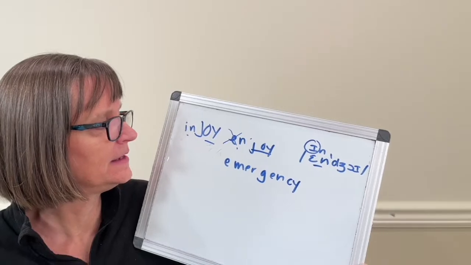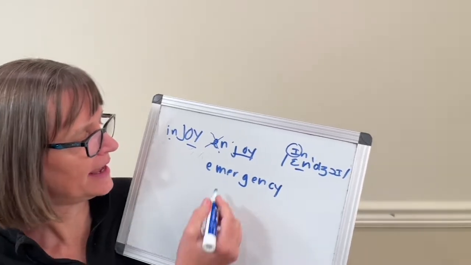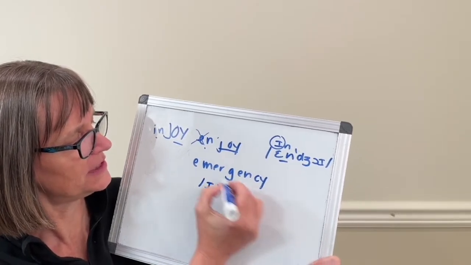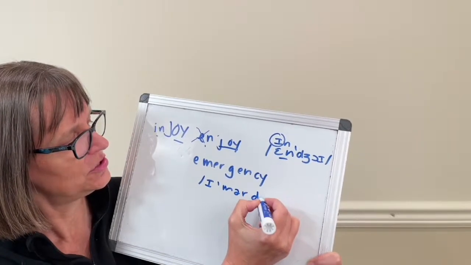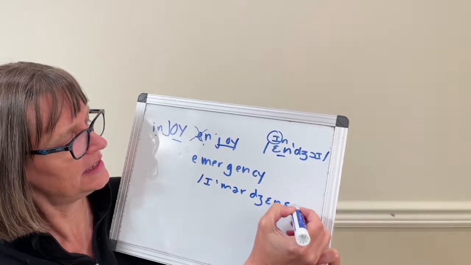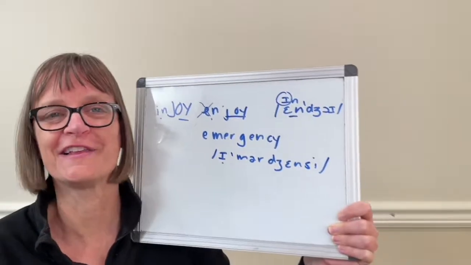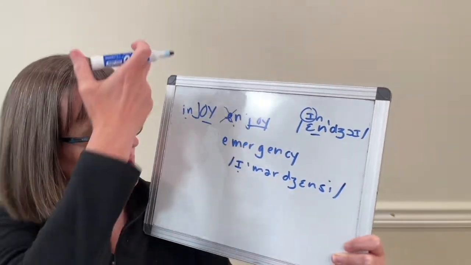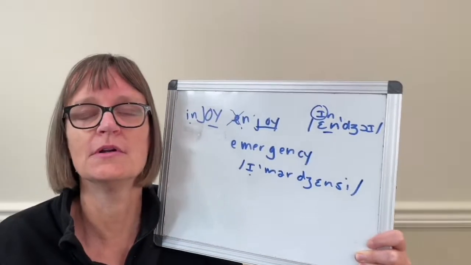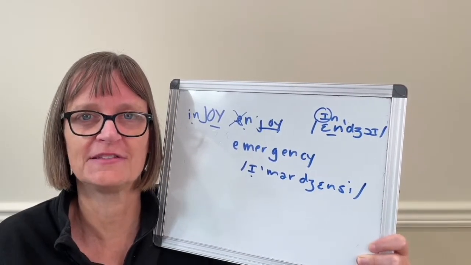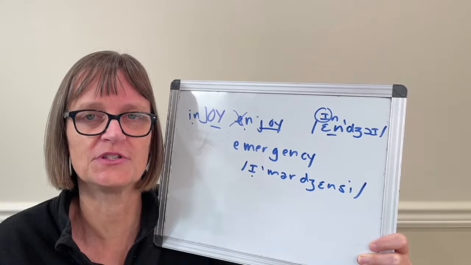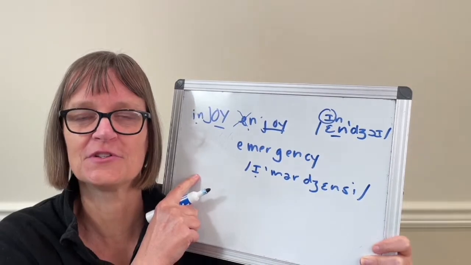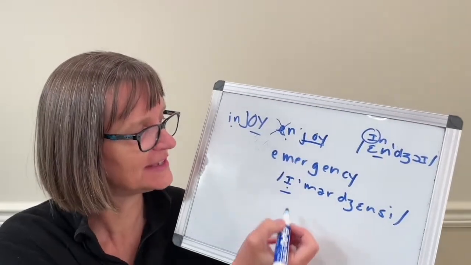And then in emergency, again, in the IPA, you're going to see that the stress falls on the mer syllable, emergency. And so that first letter E, again, is going to be the I sound, emergency. I think when people see that word and say it by itself, they might say emergency. It's an emergency. But in actual speech, if I just say emergency by itself, I can use the I sound.